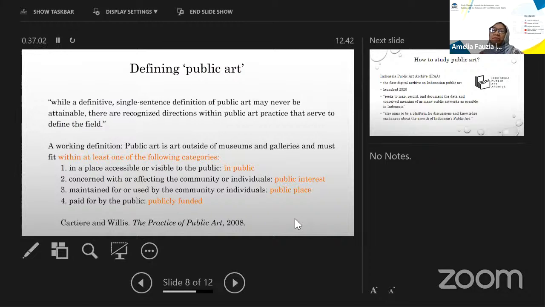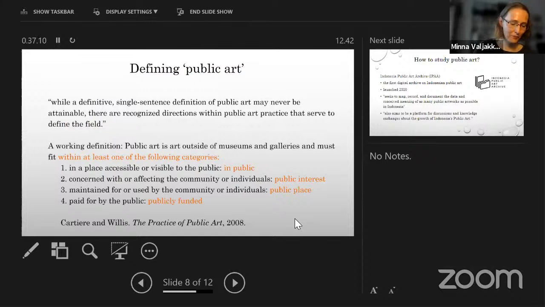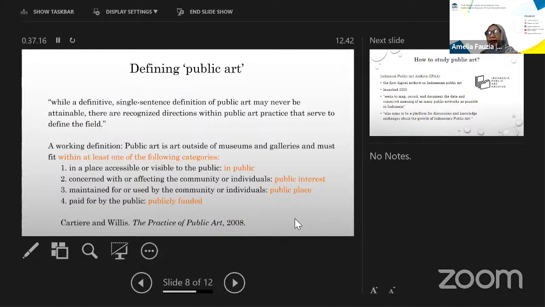In 2004 we had, unfortunately, the Aceh tsunami, right? And there was a huge tanker ship stranded there, and somehow before the government took over to make it a museum, people already made it like a public art, like a museum, which is something unintended, not really created top-down by the government.